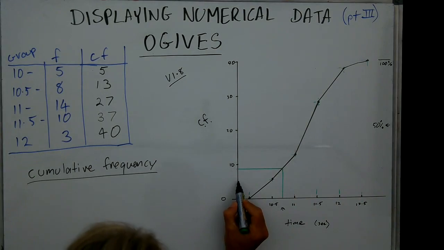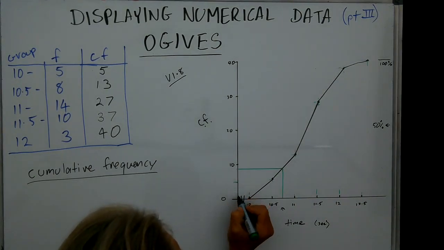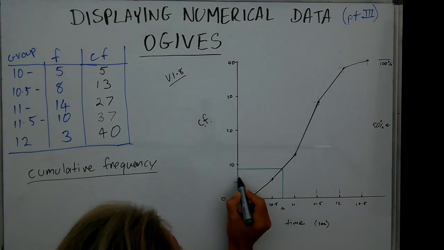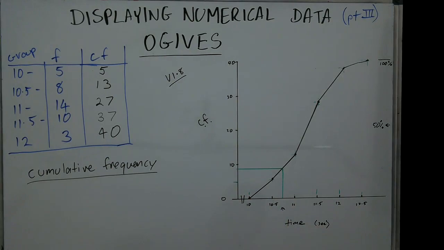So that's less than 10, so if these are 10, 1, 2, 3, 4, 5. So that's about 8 or 9. The question A, just simply reading from the graph, and of course that's why it's important to be accurate.